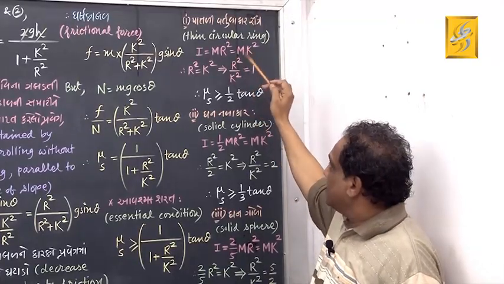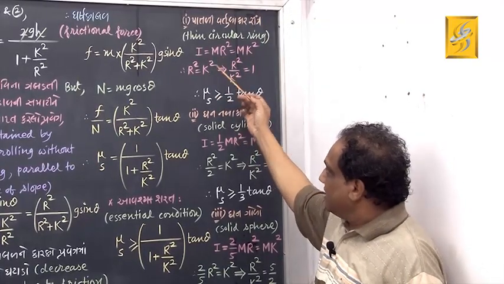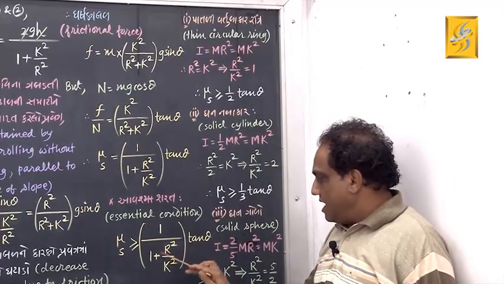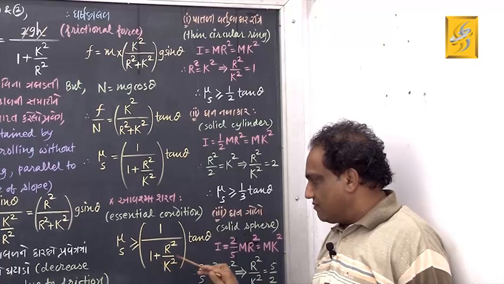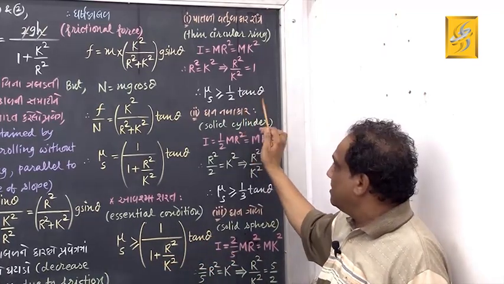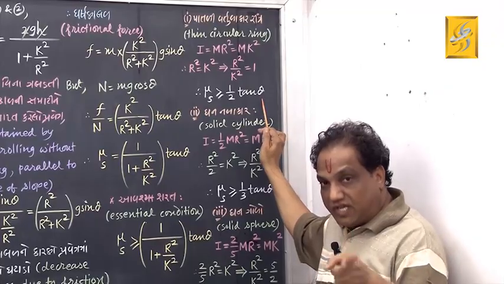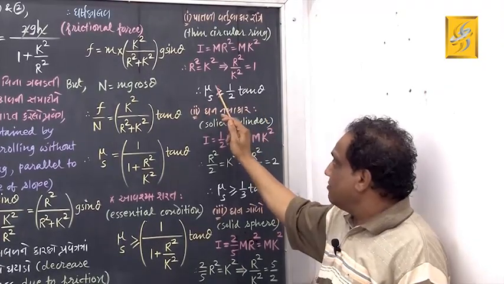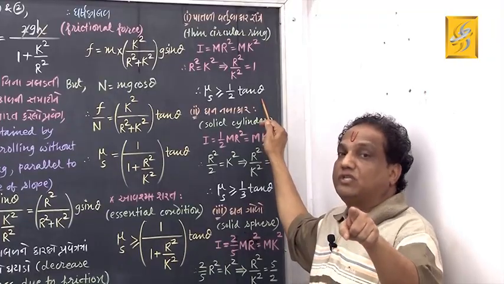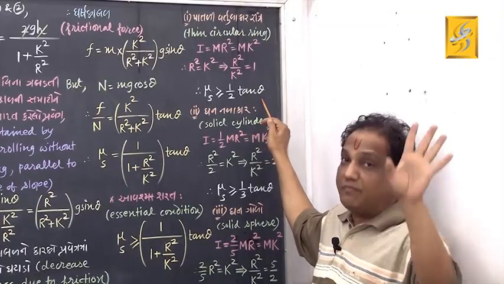M will cancel. R square equals to k square. Take this k square down, r square upon k square will be 1. Put it here. 1 plus 1, 2. 1 by 2 tan theta. So the condition for a thin circular ring is mu s must be greater than or equal to 1 by 2 tan theta. Then only it will roll down the slope of angle theta without slipping.